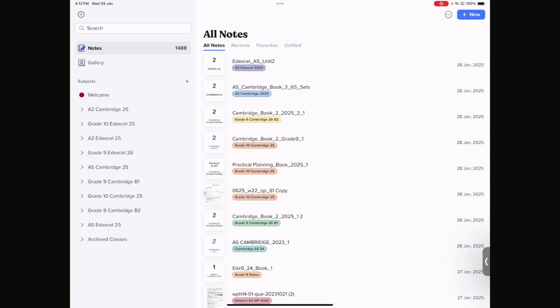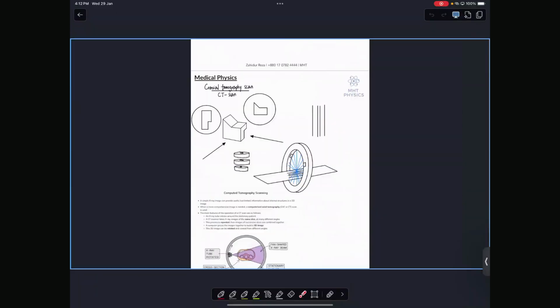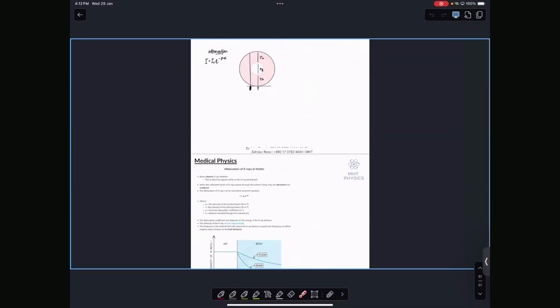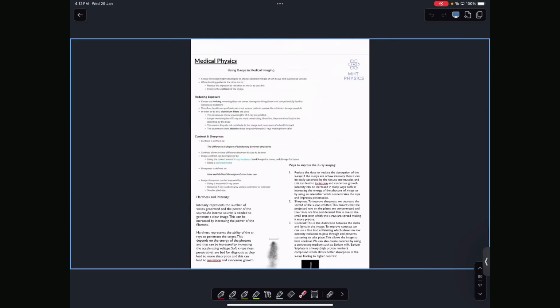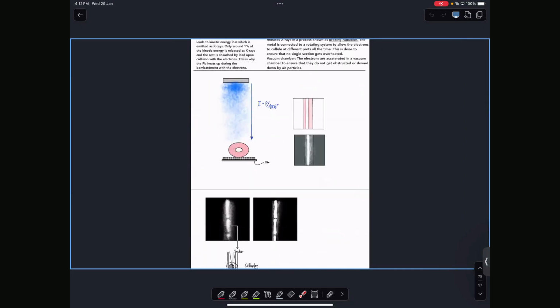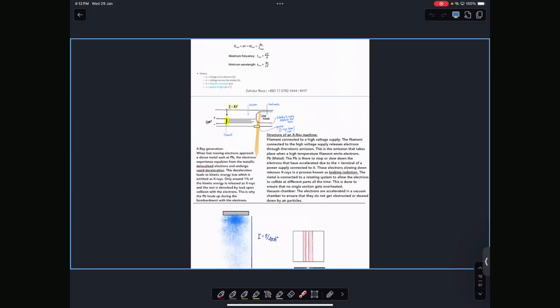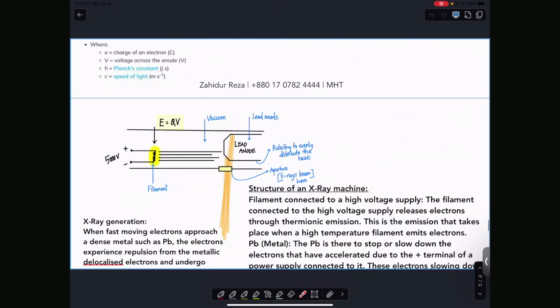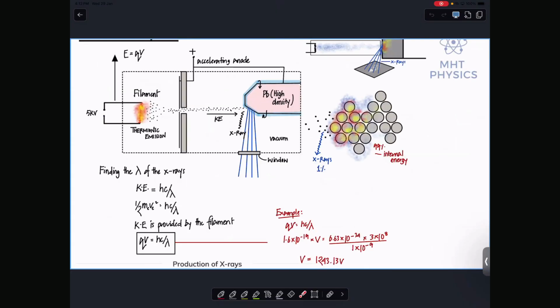Okay. Right, so let's quickly go through the working of an X-ray machine. After that we will do CT scan first and then PET scan. So X-ray one more time. How are X-rays generated? The production of X-rays is based on one very simple principle. What is it?